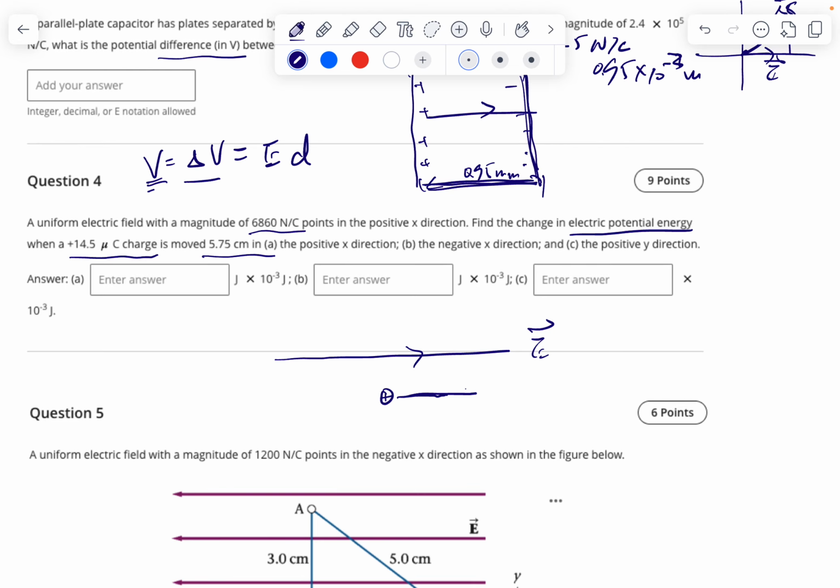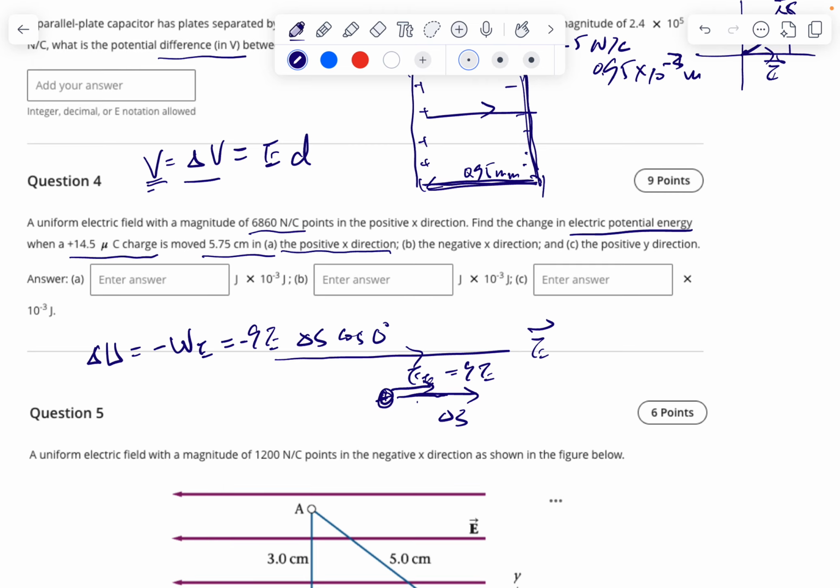This is delta S. The potential energy change equals the negative work done by the electric field. If you have a positive charge here, the electric force is QE, so it equals negative QE times the displacement delta S, and the angle gives cosine 0. That's the first question.